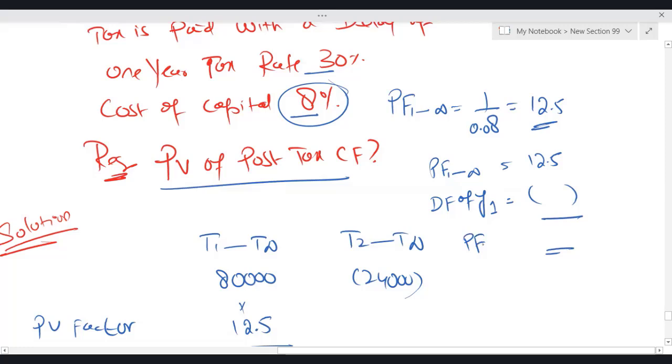So you will get the PF from 2 till infinity. At 8%, the discount factor for the first year is 0.926. So 12.5 minus 0.926, I'm getting 11.574.